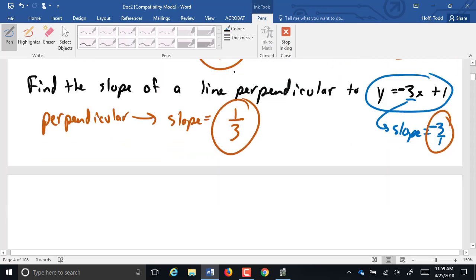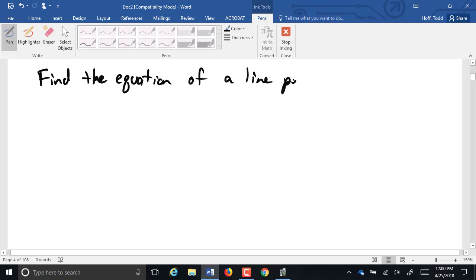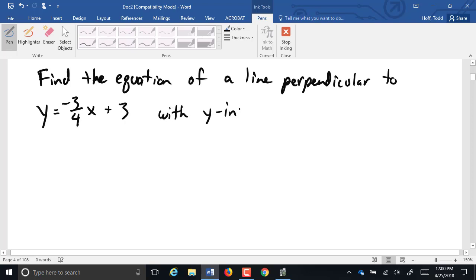So if I am asked, find the equation of a line perpendicular to y equals negative 3/4 x plus 3 with y-intercept of negative 2.